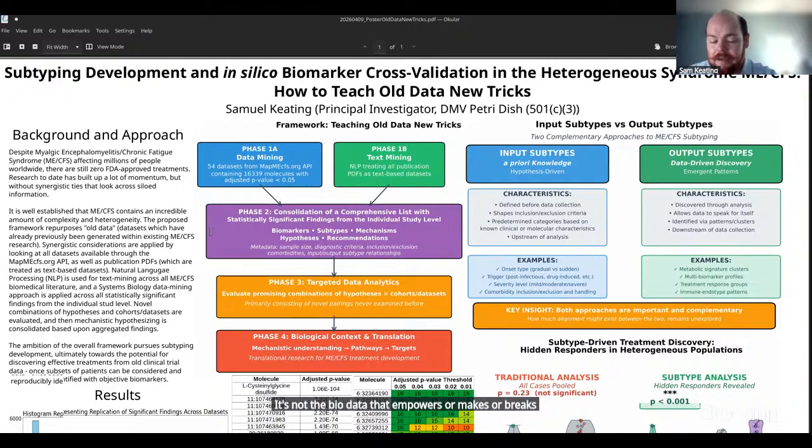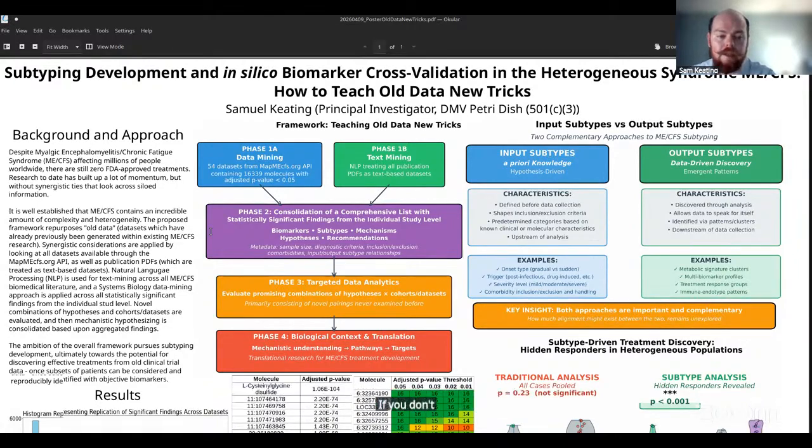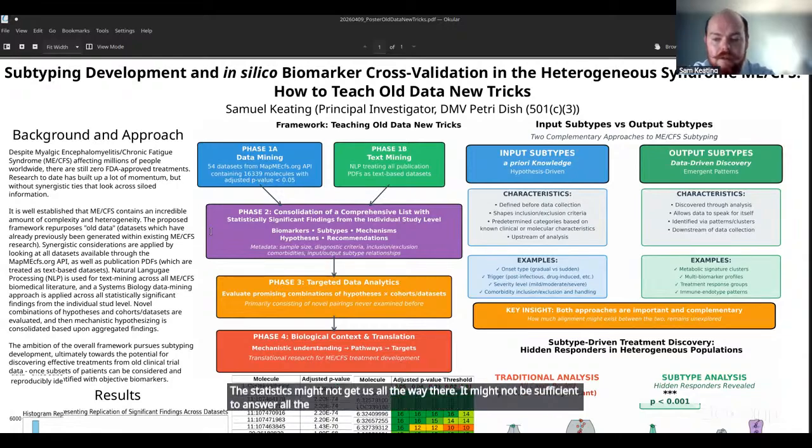It's really the metadata that's going to make or break you. If you don't know the traceability and the transparency of the caveats, qualifiers, and context of the biodata, the findings, the p-value is not the end all. The statistics might not get us all the way there. It might not be sufficient to answer all the questions.